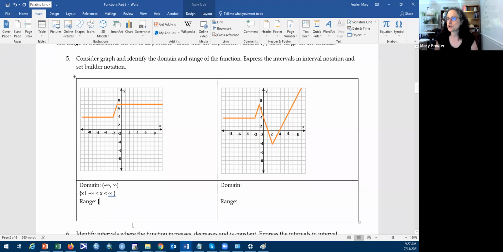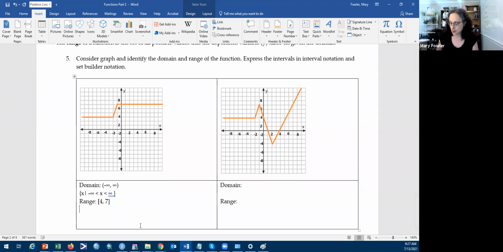So I'm going to use the square bracket here for the interval notation because the 4 is actually taken on. It's not just approached, but the function actually takes it on, and also goes to 7 and another square bracket. So that's the interval notation.